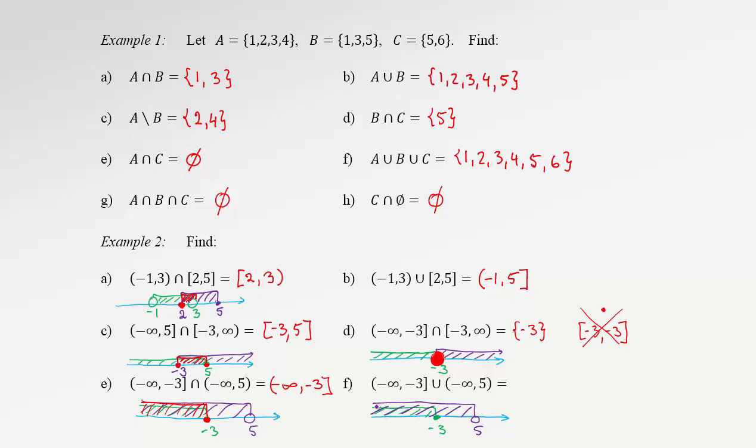But this time we're looking for the union of the two sets, not the intersection, union. That means everything that's in green or in purple. So we can go from minus infinity until 5. 5 is not taken, so round bracket on each side.